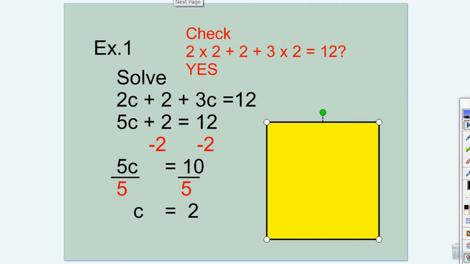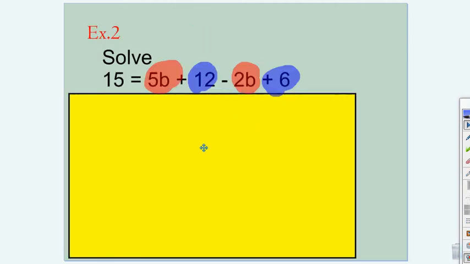Good. Let's take another look at another one. Here, I put the letters on the right side of the scale. By the way, if that really bothers you, then just put the equals 15 over here. If that makes your brain go, whoa, I have no clue what I'm doing, then go ahead and put it on the other side. So I have 15 equals 5b plus 12 minus 2b plus 6.